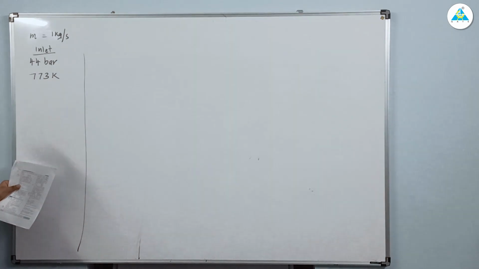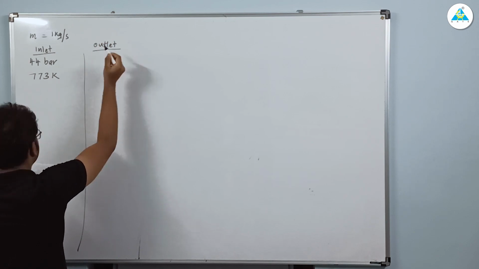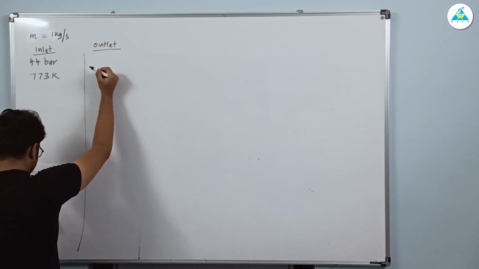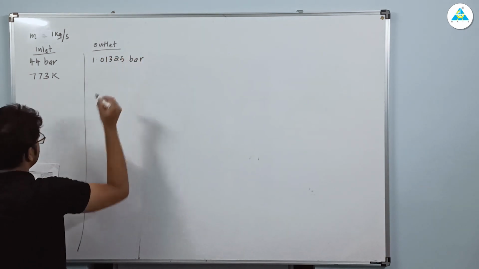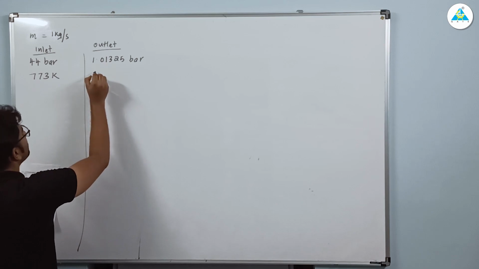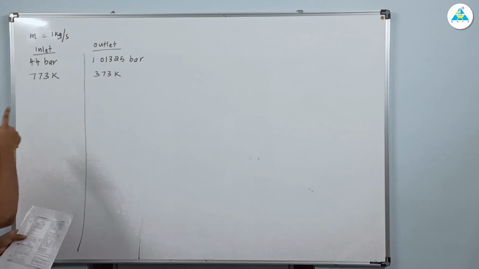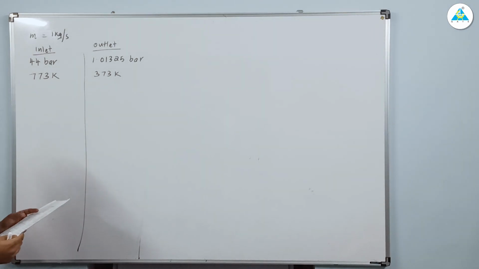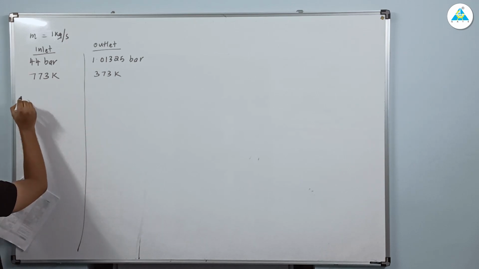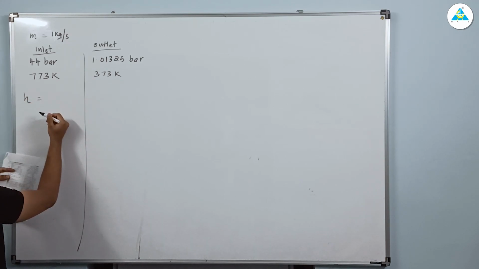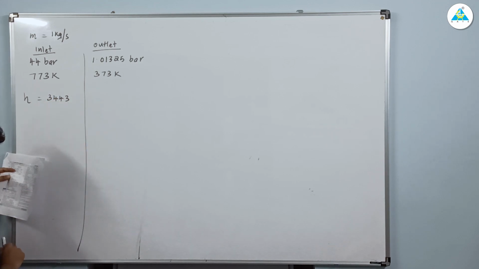Now the steam discharges, so the outlet or exit condition is 1.01325 bar, obviously exiting to the atmosphere, and the temperature is 373 Kelvin. So you can see it's an expansion. Now at 41 bar and 500 degrees Celsius, the enthalpy of the inlet is 3443 kilojoules per kg.